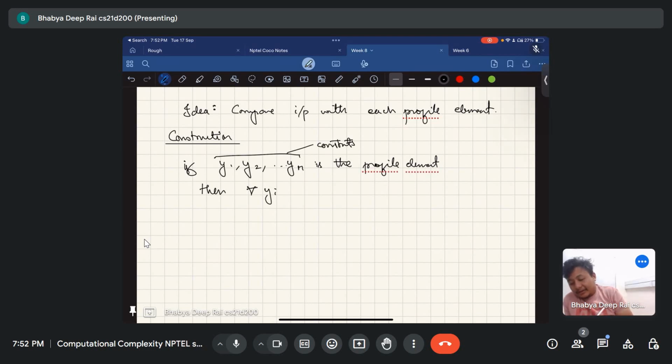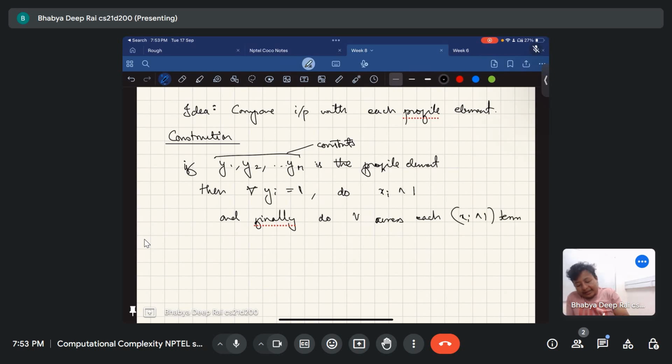Then for all yi which are equal to 1, do an AND of xi and 1, and finally do an OR across each xi and 1 term. I'll explain why.